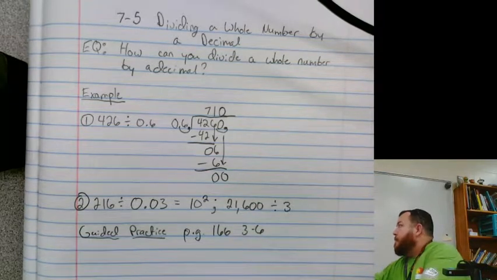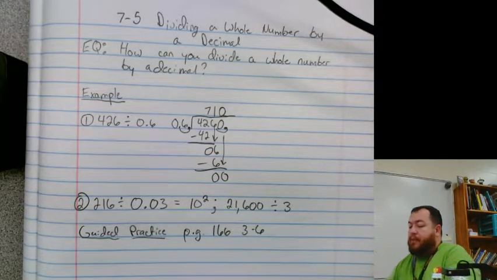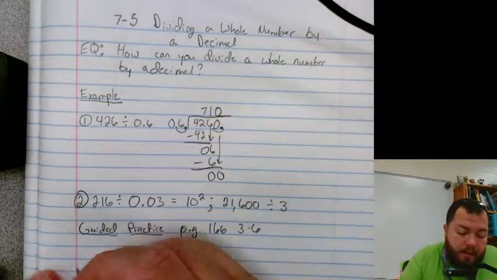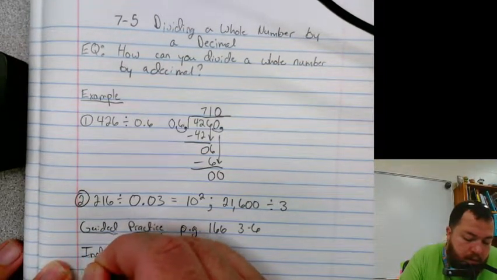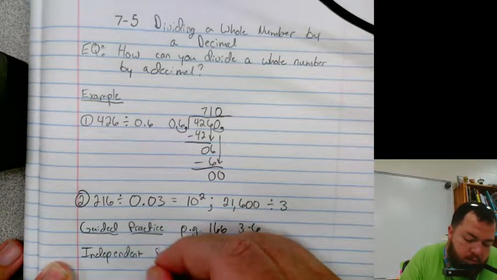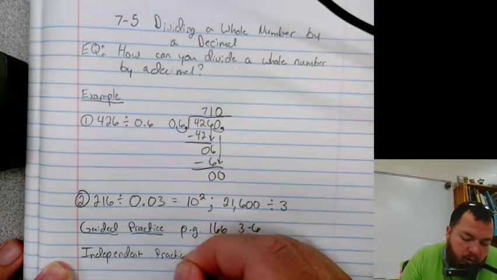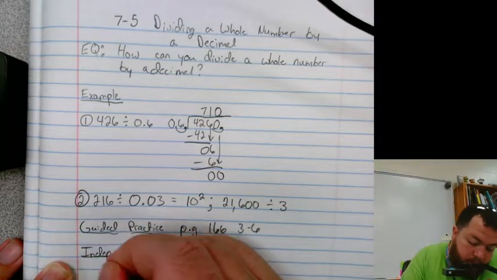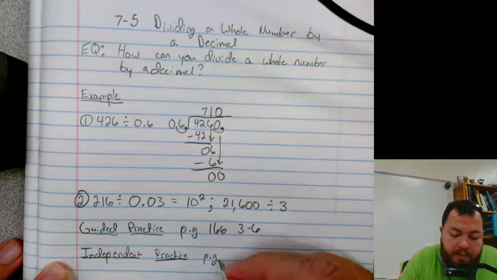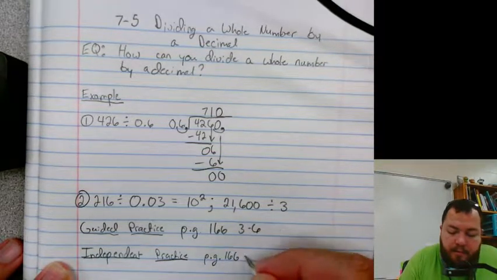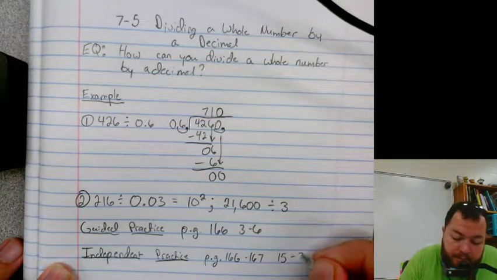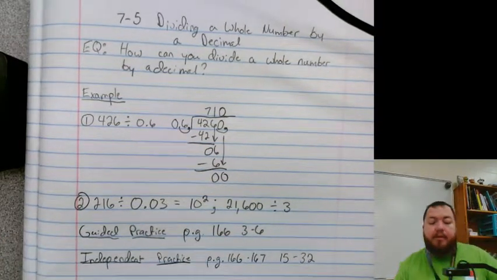And then your independent practice would be page 166, 167, 15 through 32. Let's just see how far you get with that today, okay?